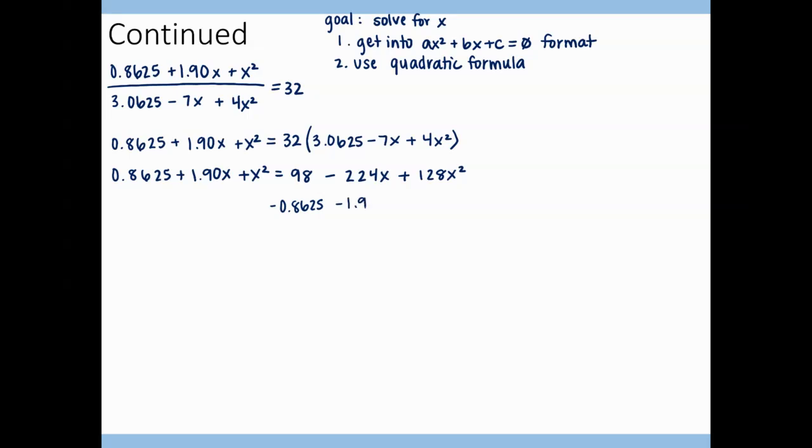We'll subtract 1.90x. We'll subtract x squared. We're really doing that from both sides, but I just wrote it on the right side. So the left side will be equal to 0. Right side is 97.13 minus 225.9x minus 127x squared.